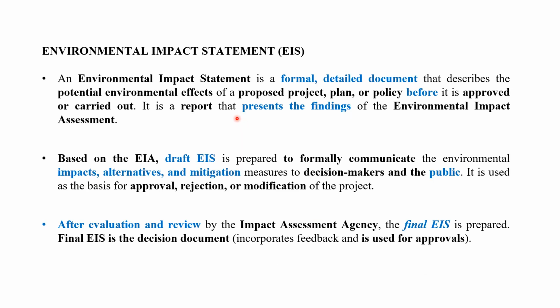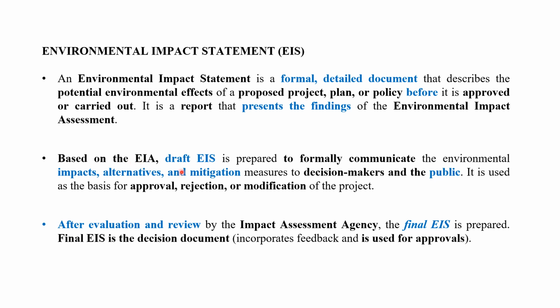Now we have to know what we mean by the environmental impact statement. It is a formal, detailed document that describes the potential environmental effects of a proposed project, plan, or policy before it is approved or carried out. It is the report that presents the findings of the environmental impact assessment.